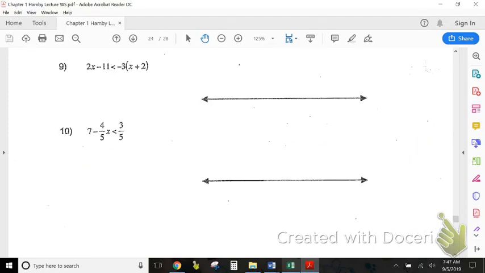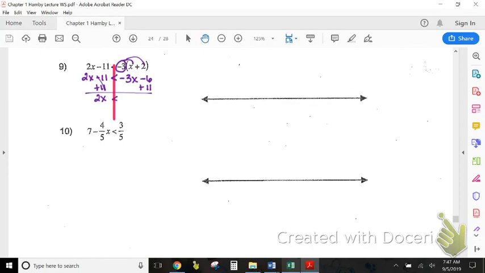All right, so number 9. What are we going to do? All right, distribute that negative 3. And what does that give me when I distribute that? Negative 3x minus 6. And now what? Add the 11.